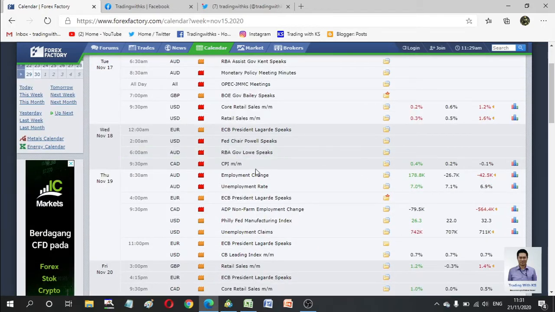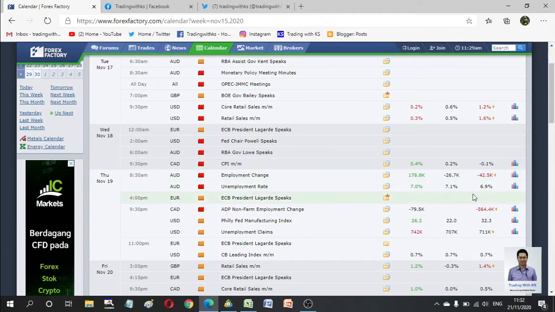And another result, the CPI on CAD. CAD will remain strong with an improved CPI number. For the Aussie, the employment data is positive. Employment data has risen from negative to positive. That's a good sign.